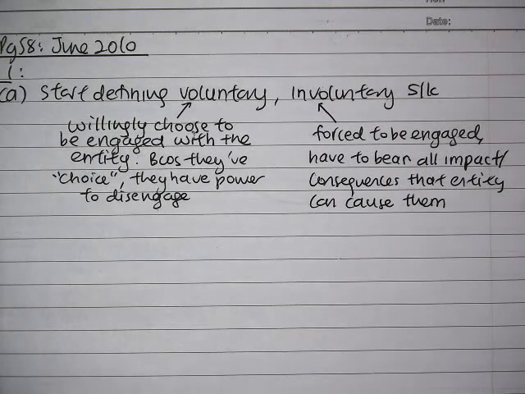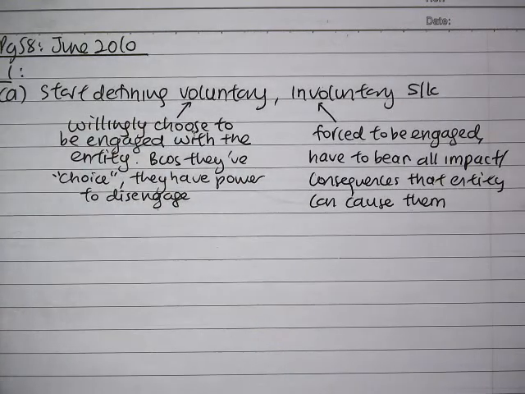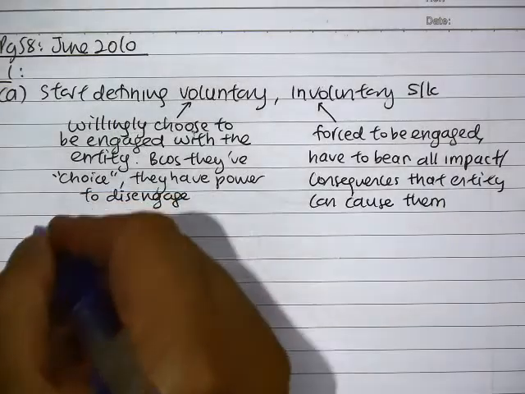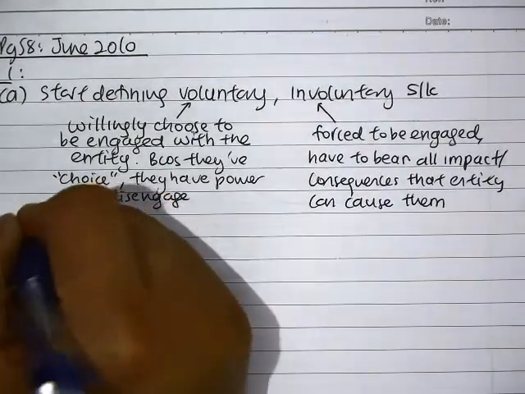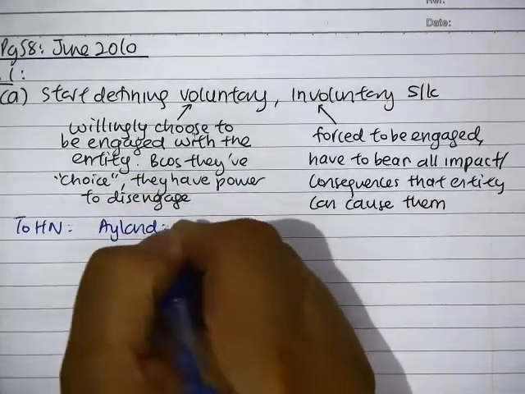Now, because they are forced to be engaged, which means they will have to bear all the impact or consequences that the entity can cause them. Okay? That the entity can cause them.